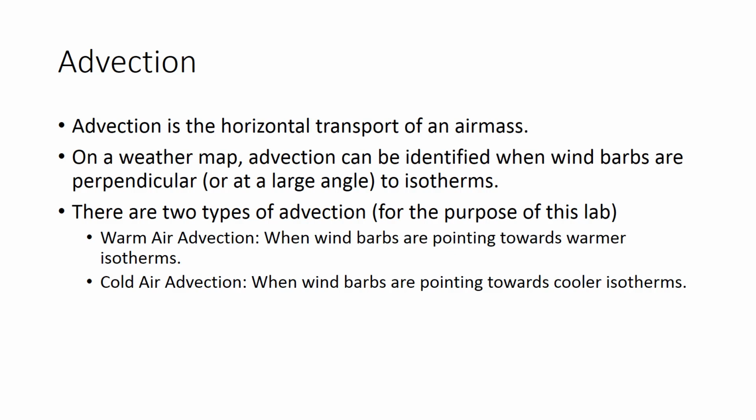What that means is that wind is blowing from warmer air regions. So the wind that you're getting at your location is coming from warmer locations. On the other hand, cold advection is when the barbs are pointing towards cooler isotherms. They're pointing from there. That means that the wind is coming from a cooler air mass. Therefore, it's carrying cooler air with it.